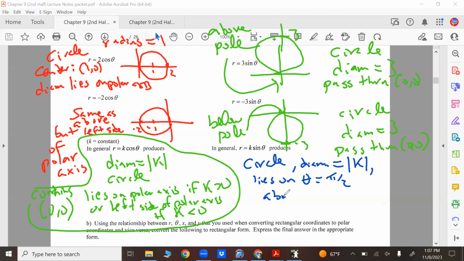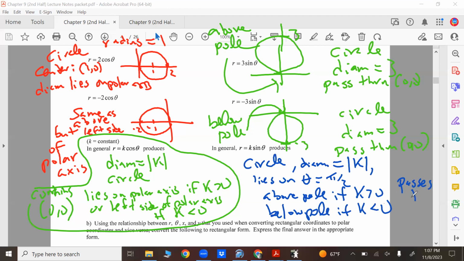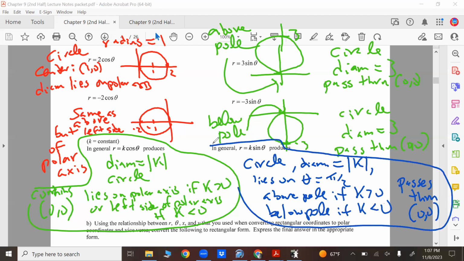And it's above the pole if k is greater than 0, below the pole if k is less than 0. And passes through 0, 0. That's a lot of information I shared with you guys, but they're just circles we see algebraically, right? You see it there, that's not hard.